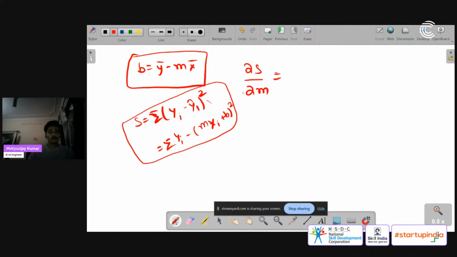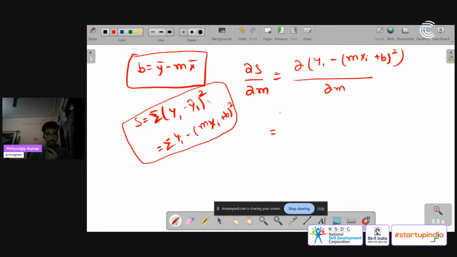Okay, so now we are going to differentiate this with respect to m. I have already done it, and if you have written it somewhere you can find it, but again I will do it for you. Our equation is going to become (y_i minus (m x_i plus b)) whole square, and currently we got the value of b as y bar minus m x bar.